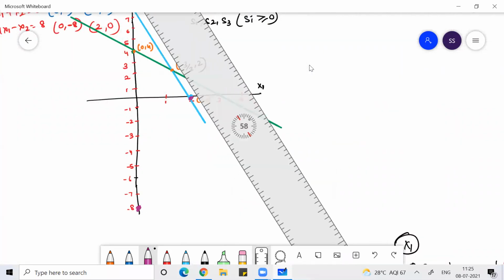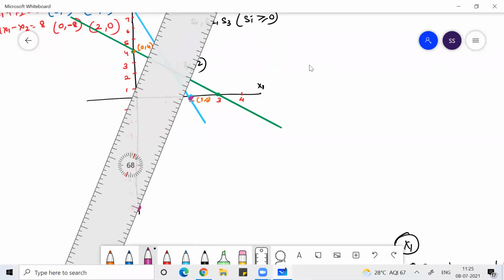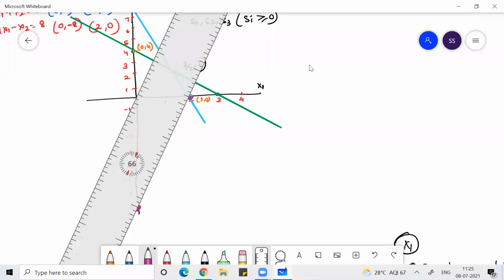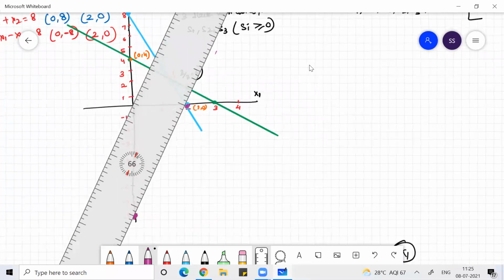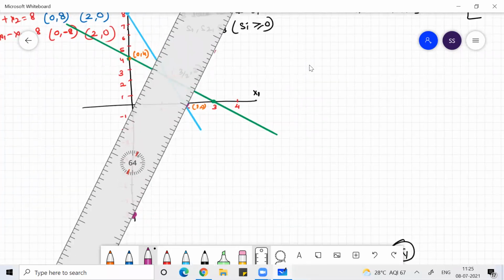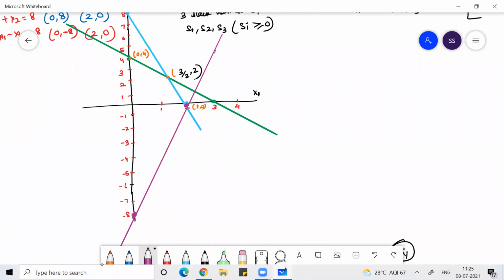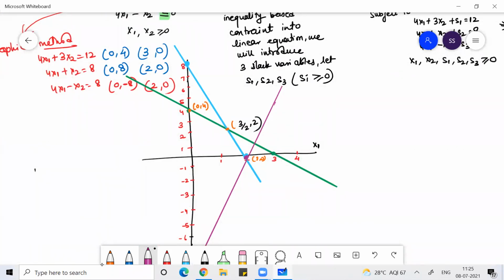If I draw the line on this, you can find the region which is lesser than this.